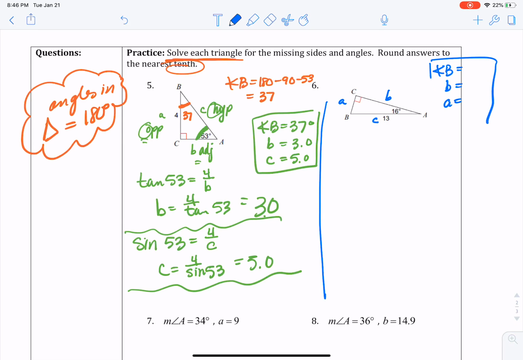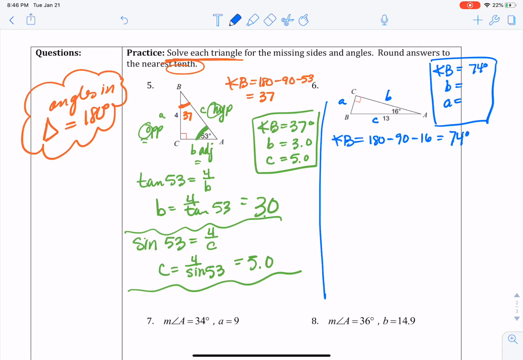So this is where I'm going to put my final answers. Angle B is 180 minus 90 minus 16, which is 74 degrees. So I'm going to write that up there.